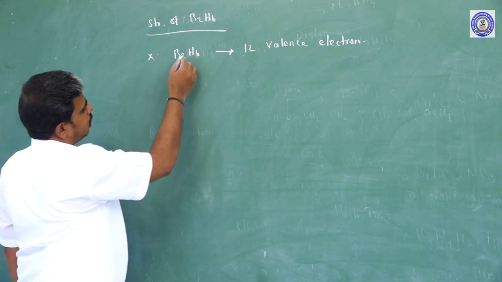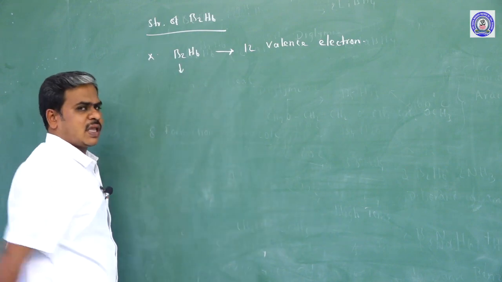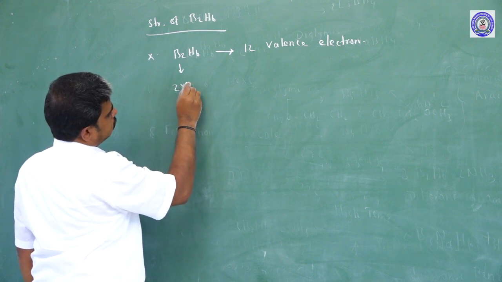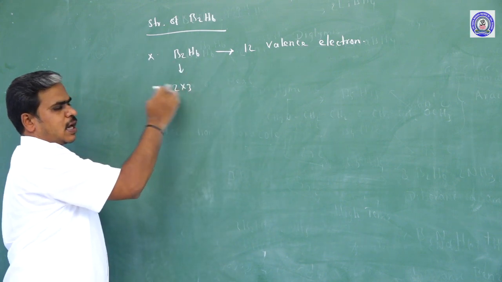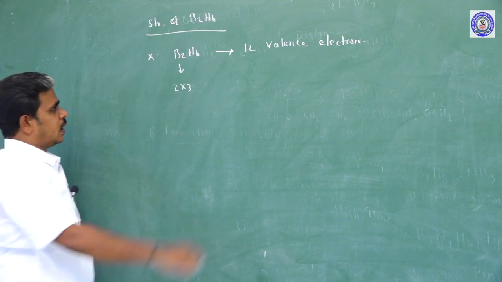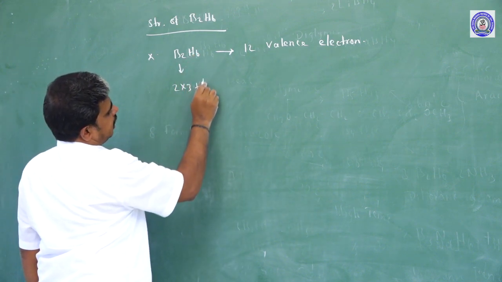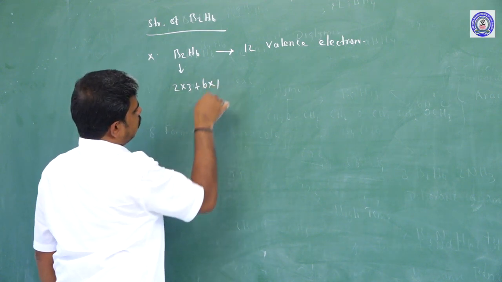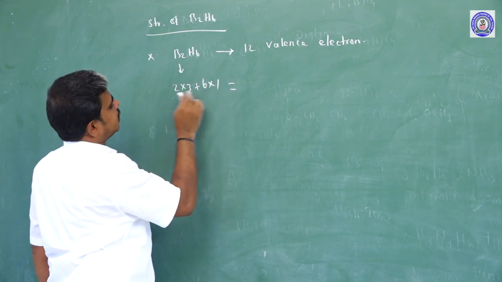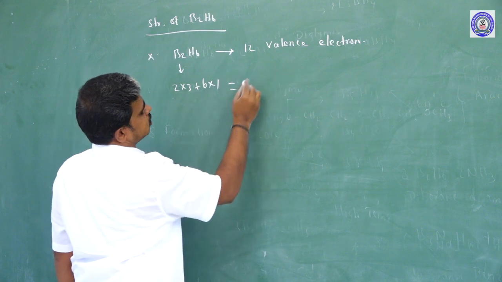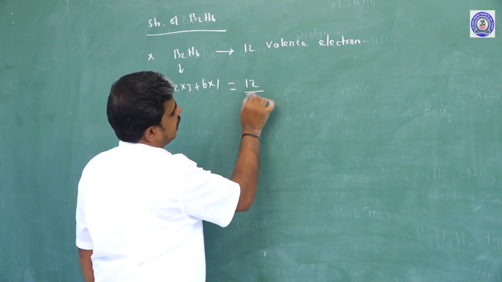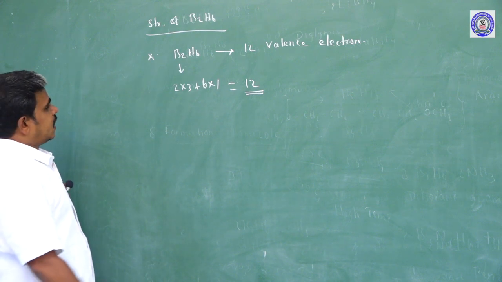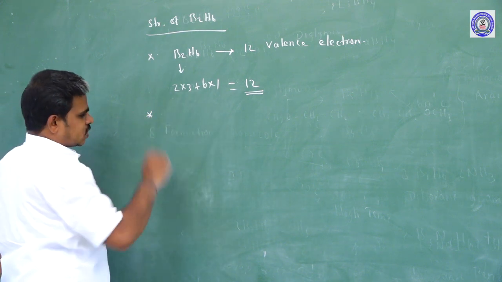You know that boron valency is 3, so 2 boron, 2 into 3, and valency of boron is 3. And hydrogen, it is 6 hydrogen, valency of hydrogen is 1. So totally it is 2 into 3 plus 6, so that it is 12 valence electrons.